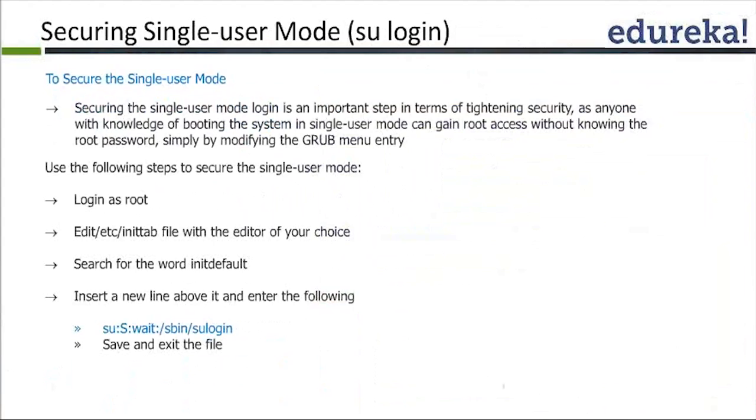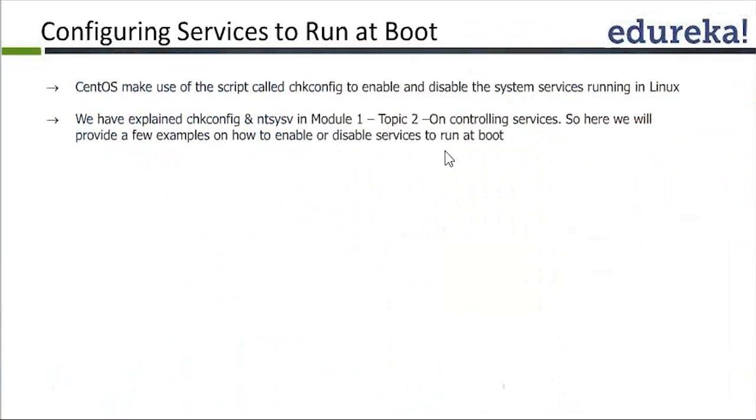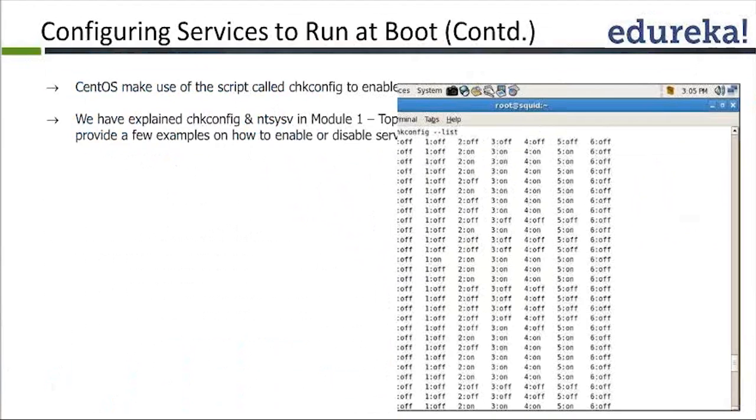Okay, so we have it here. CentOS makes use of the script called chkconfig to enable and disable the system services running on Linux. So we have seen both these ways: how to modify the services on the command line using chkconfig, and the graphical way using the ntsysv tool.